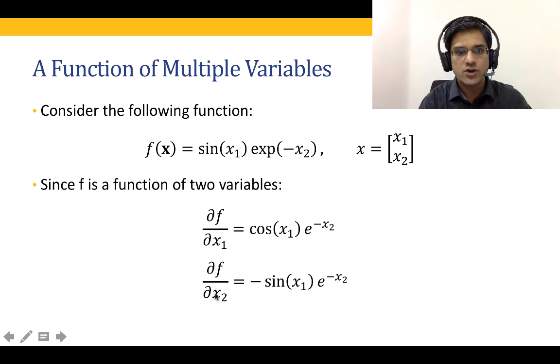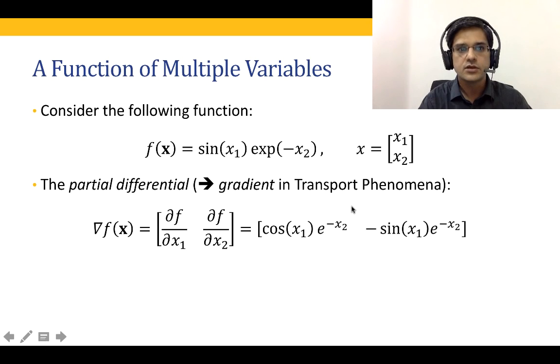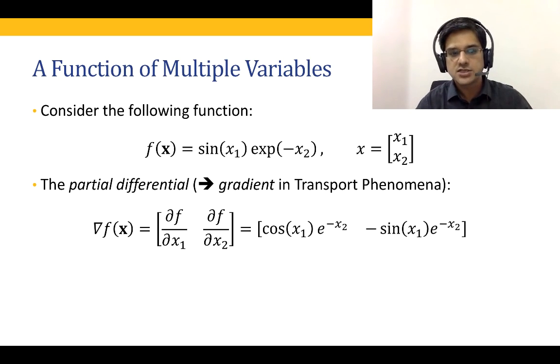In order to calculate dou f by dou x2, we hold our x1 constant and vary our x2. You will notice that a partial differentiation is kind of like finding the gradient of a scalar. The gradient of the scalar is nothing but dou f by dou x1 and dou f by dou x2 written as a row vector. Let's go to MATLAB and solve this problem for finding partial derivatives.